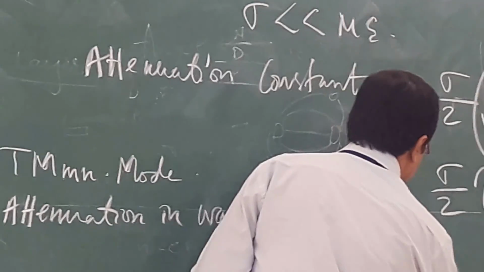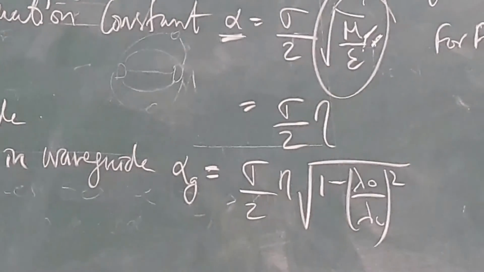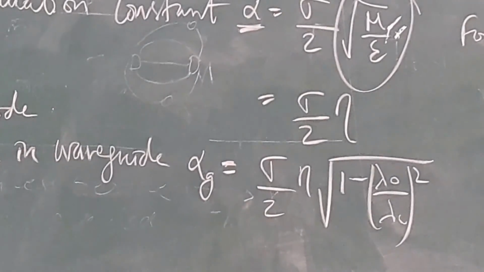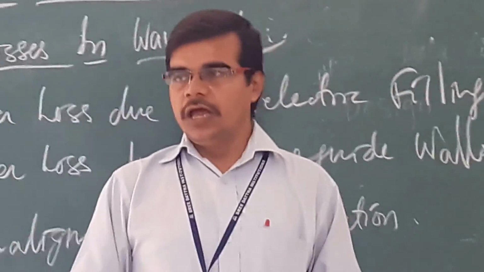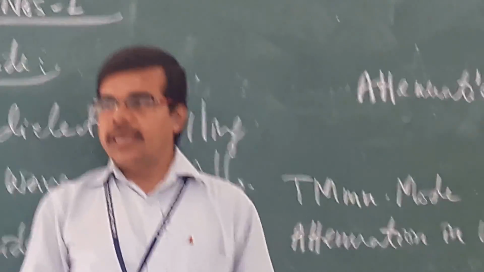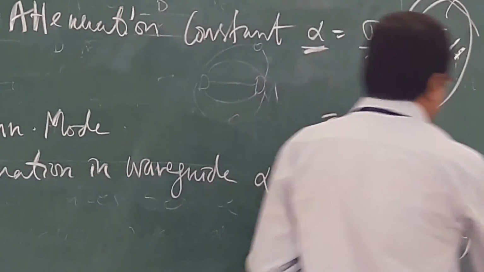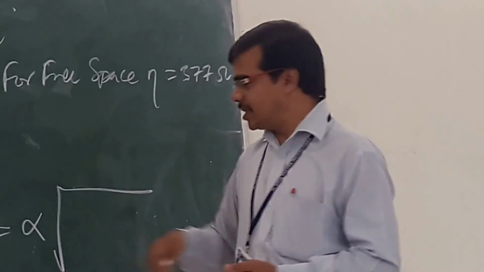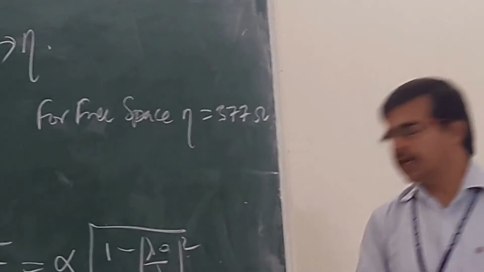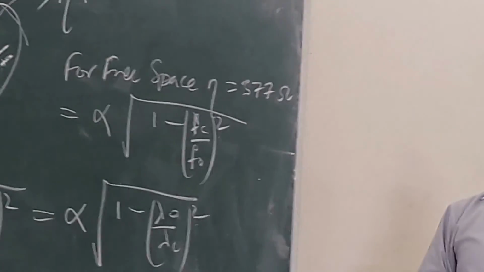It will be conductivity by 2 into intrinsic impedance, times the square root of 1 minus lambda naught by lambda c squared. We can replace the first term with alpha, the attenuation constant, so the attenuation in the waveguide will be the product of the attenuation constant and this square root term in terms of wavelength and frequency.